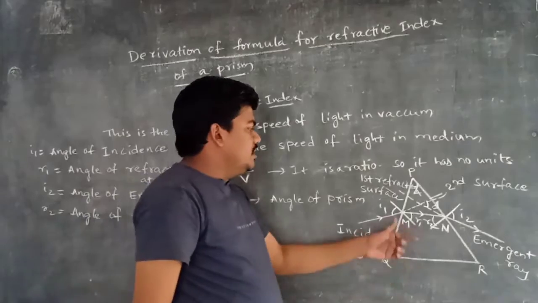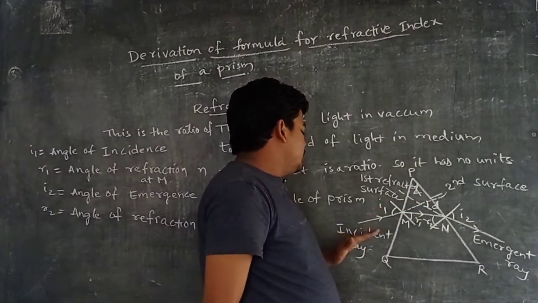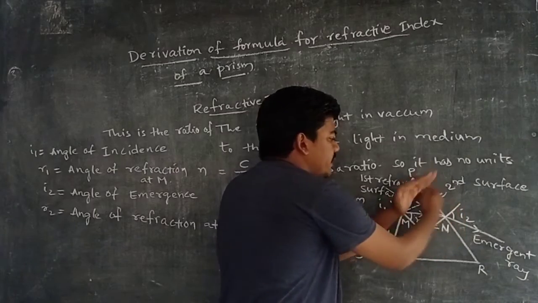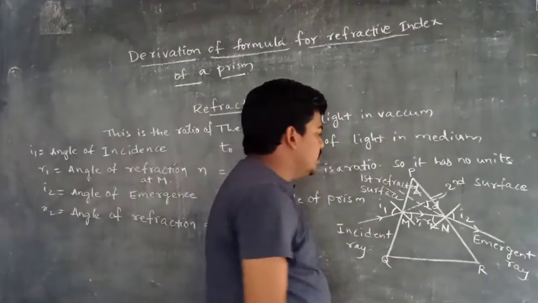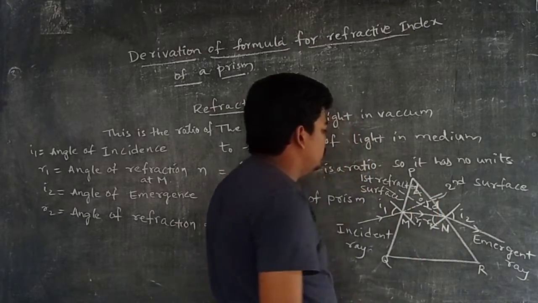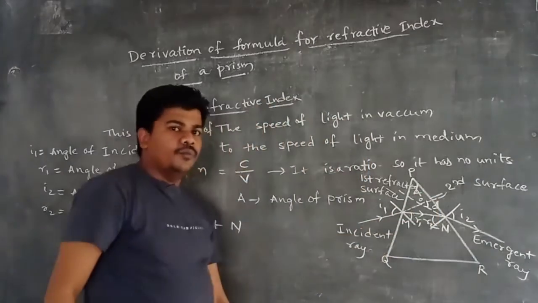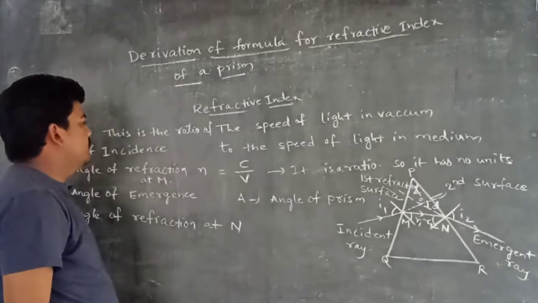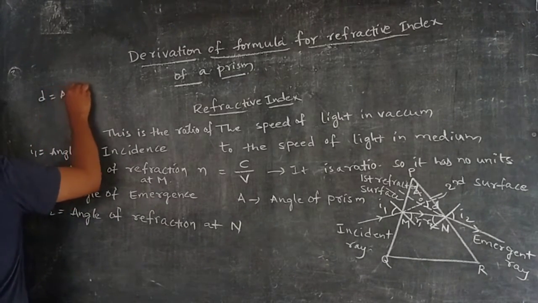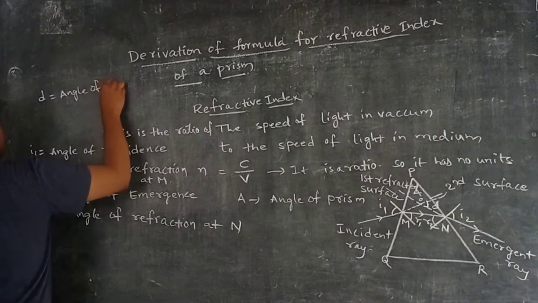These two rays meet at a point O. Small d is the angle of deviation.